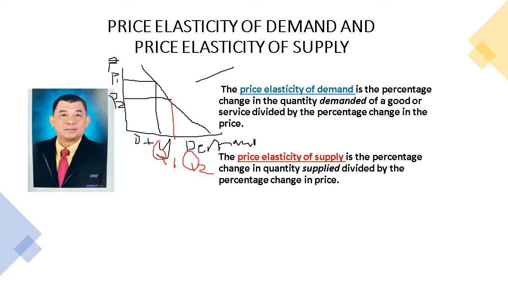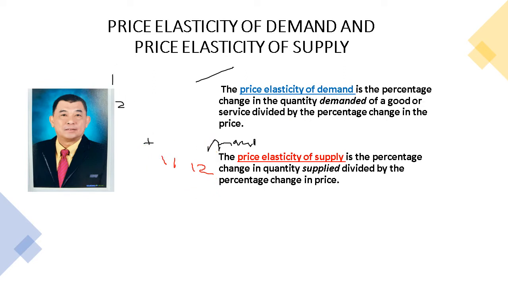The percentage change in the quantity demanded, that is Q1 and Q2, divided by the percentage change in price, that is P1 and P2. There you go. So let us erase this one.